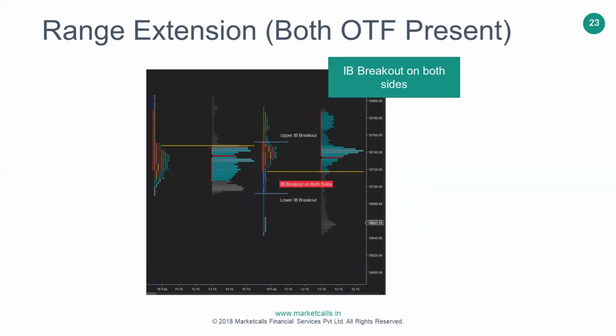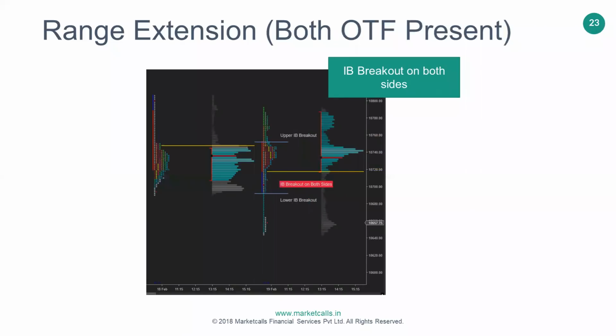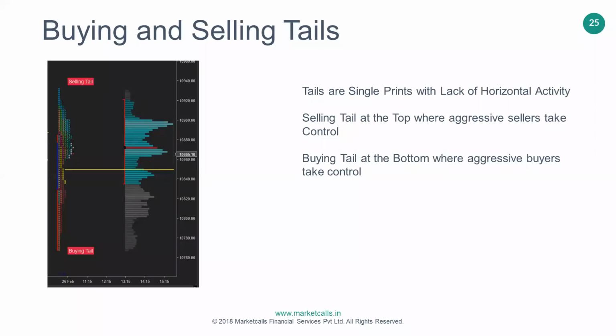There's one more concept called range extension, where the IB breaks out; we call that a range extension. I'm going to skip towards the tails. The top tail is called a selling tail because that is a place where the buying activity ends and sellers take control.